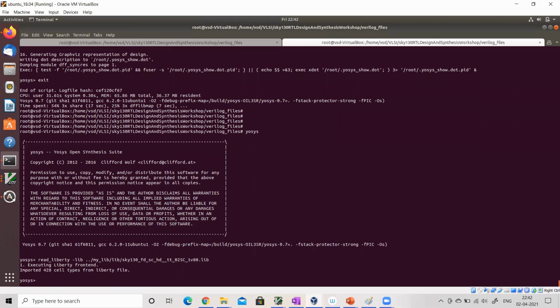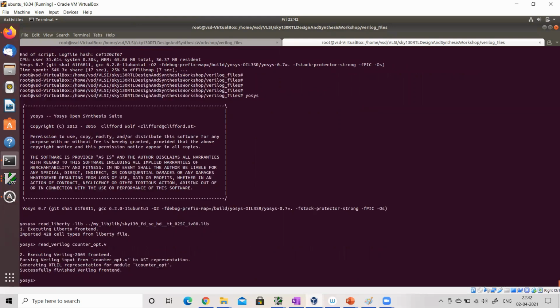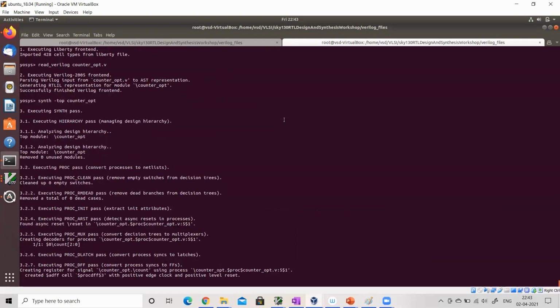We read the sky130 libraries, then we read the Verilog file, which is counter_opt.v. Correct? We will set our top module, synth -top counter_opt.